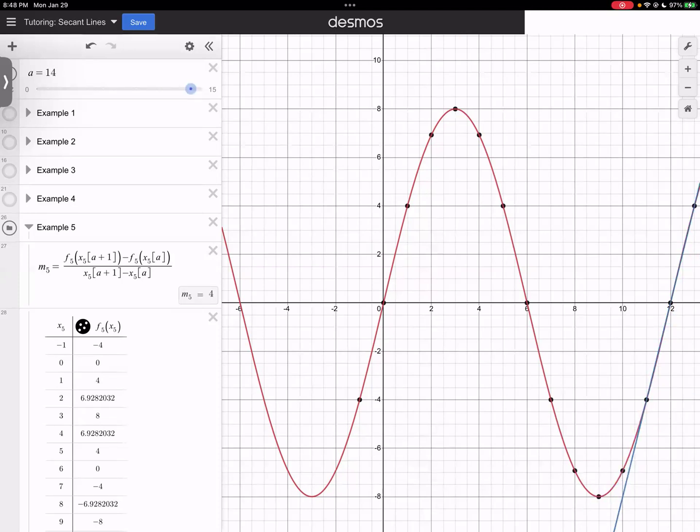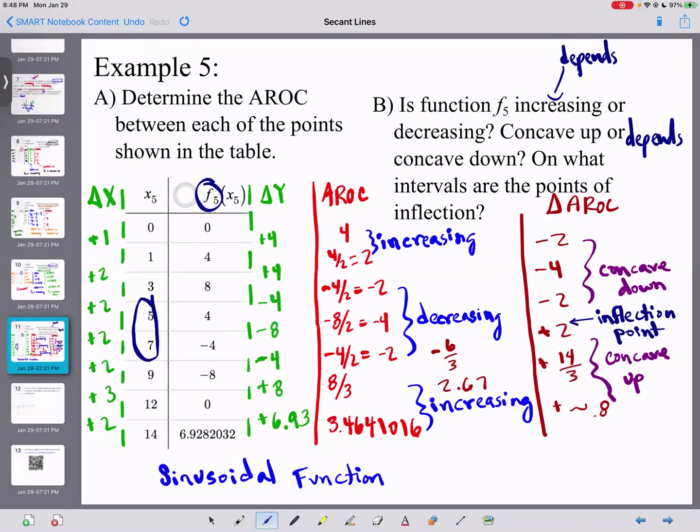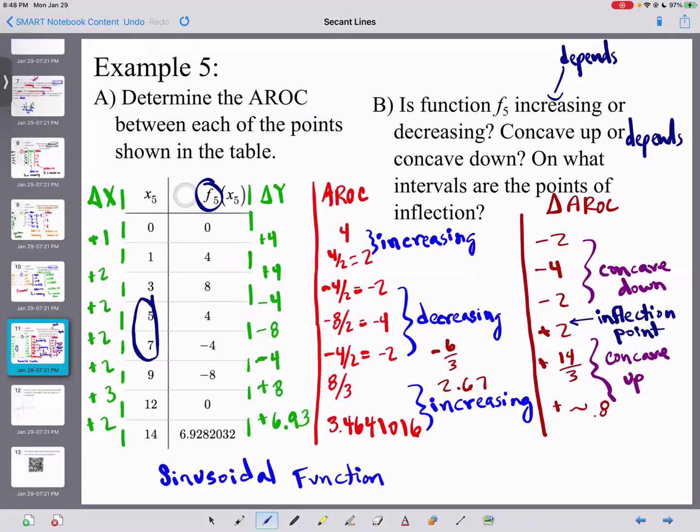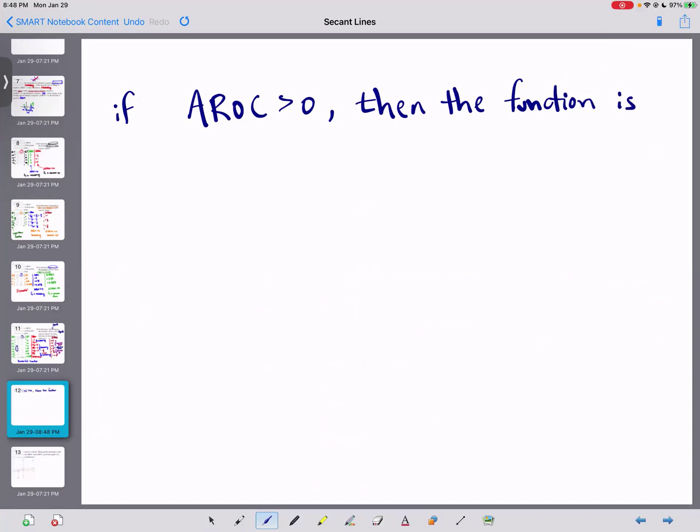So you've heard me say a lot of different things today. AROC, delta AROC, AROC, delta AROC. Just in summary, what I want to make sure you get is this: if your AROC is greater than 0, then your function is increasing.